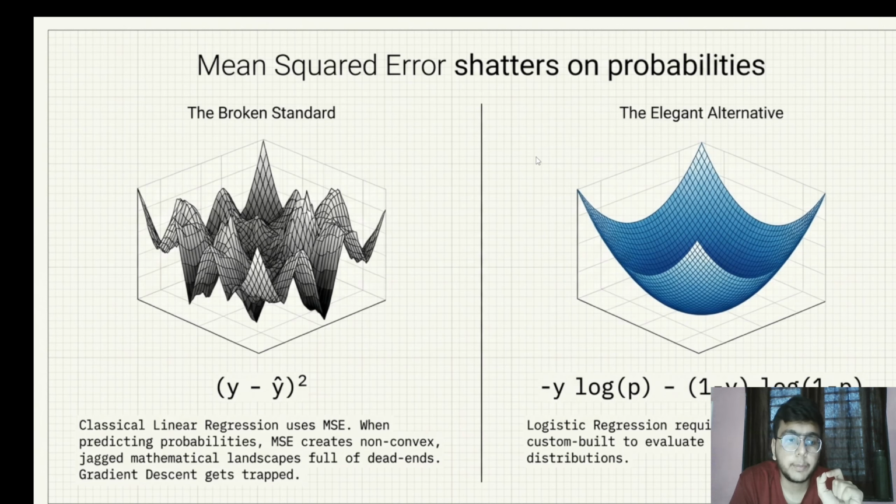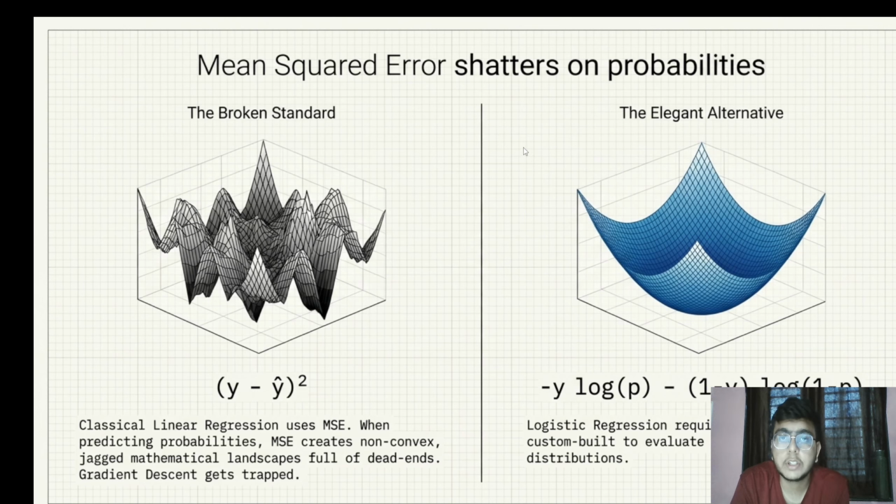When predicting probabilities, mean squared error creates a non-convex, jagged mathematical landscape full of dead ends. Gradient descent gets trapped and confused about where the minima is for the best value of W and B. So here we use a log loss function, which provides a smooth curve or smooth graph. This helps gradient descent to find the minima.